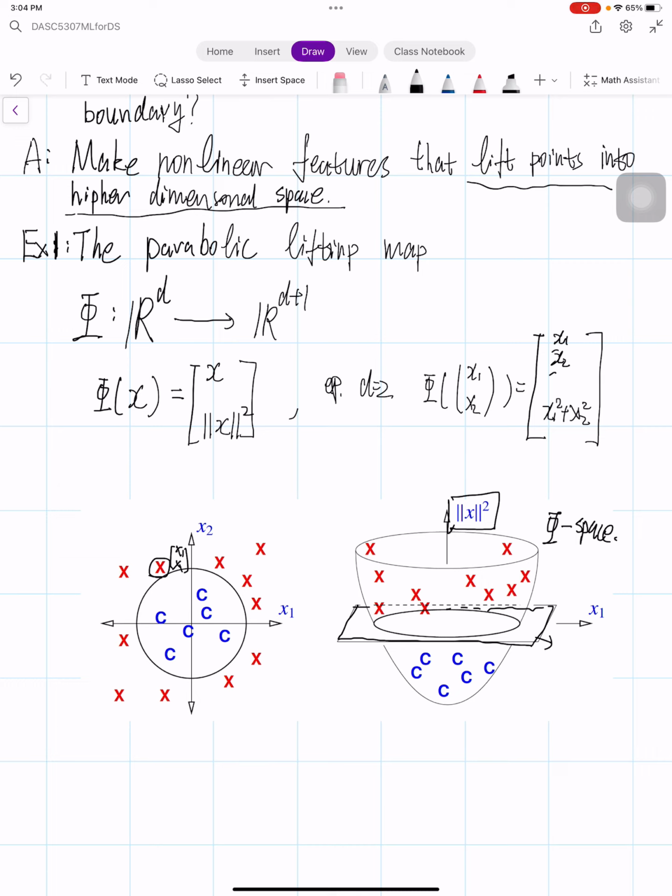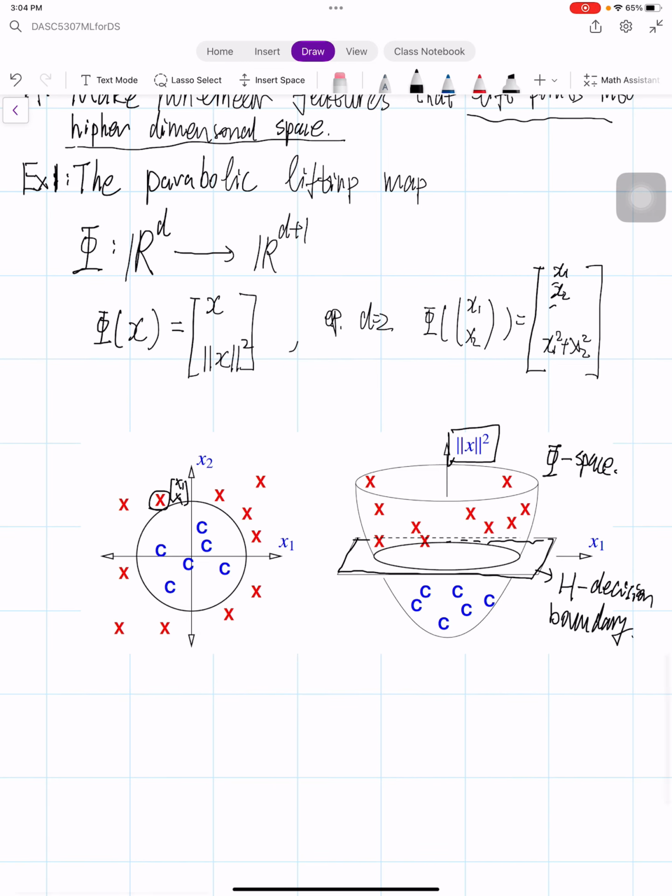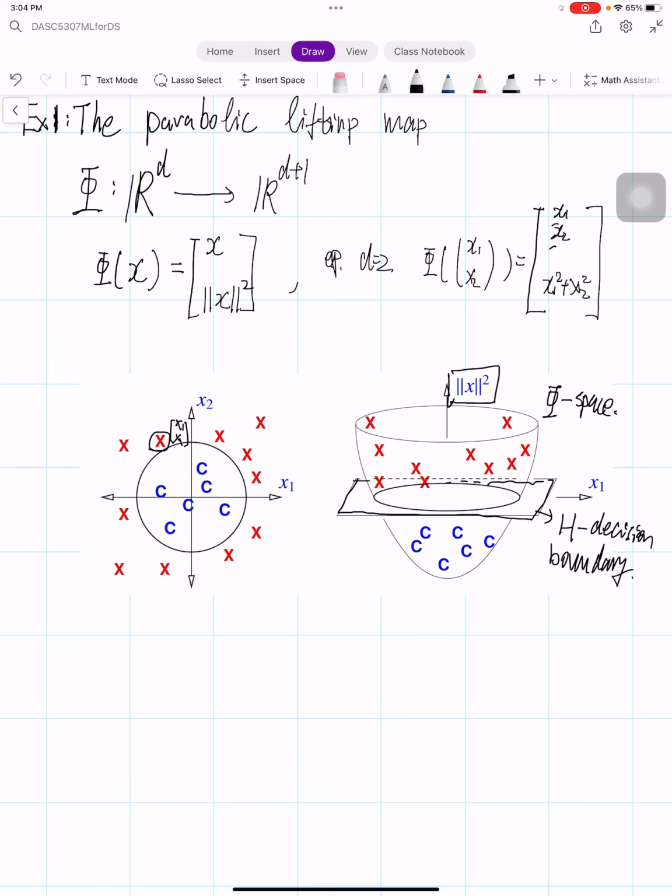This is our decision boundary H. After we find this decision boundary and project it to the 2D case, it gives us this decision boundary in 2 dimensions.